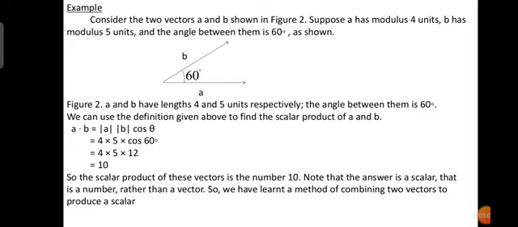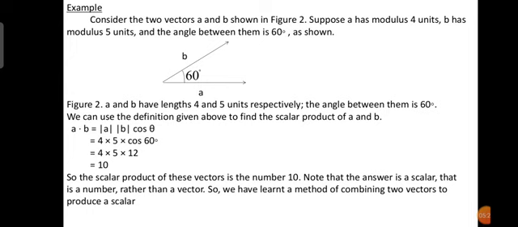So A dot B is equal to modulus of A into modulus of B into cos theta, that is 4 into 5 into cos 60 degrees. Cos 60 degrees is 1/2, from the scientific calculator, and 4 into 5 into 1/2 is 10.